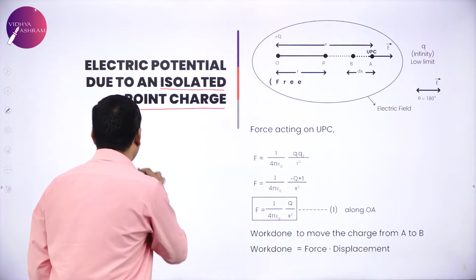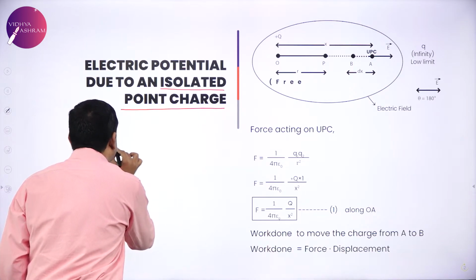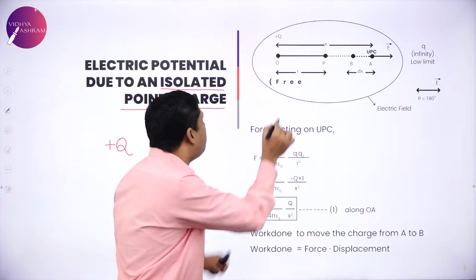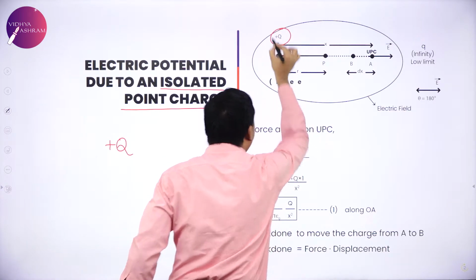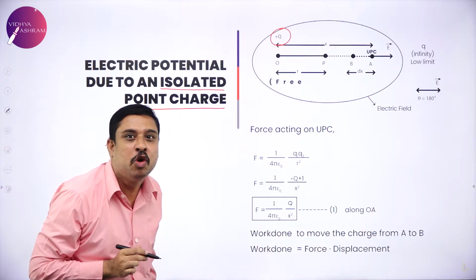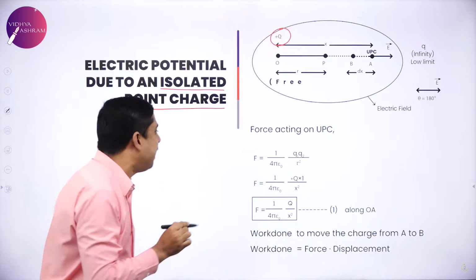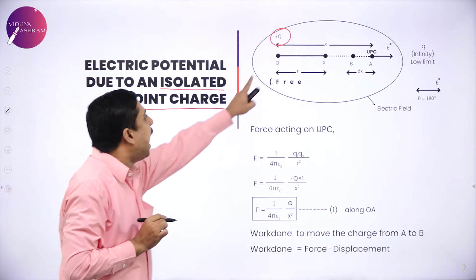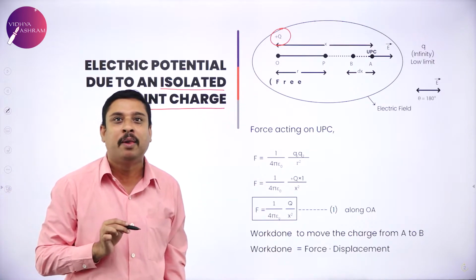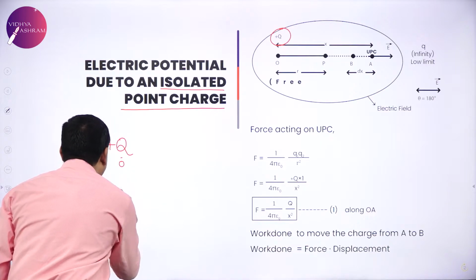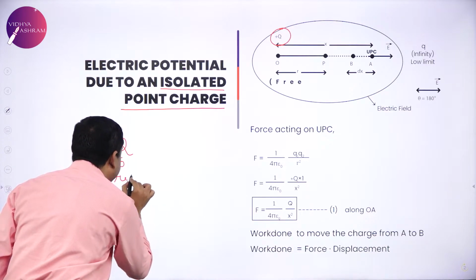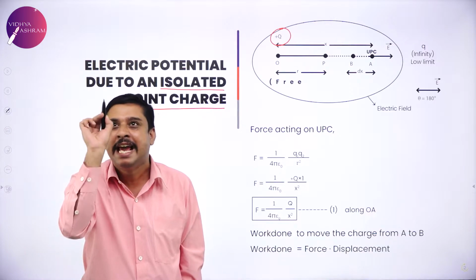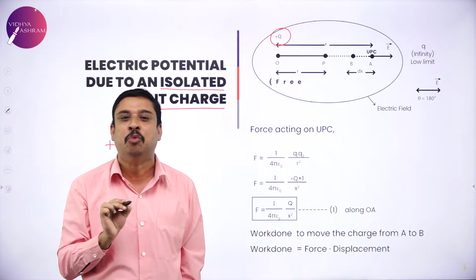So I will consider a point charge plus Q. Plus Q is my point charge, which is placed at the point O, and the medium in which it is placed is free space, air or vacuum.